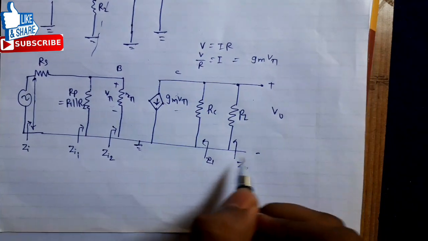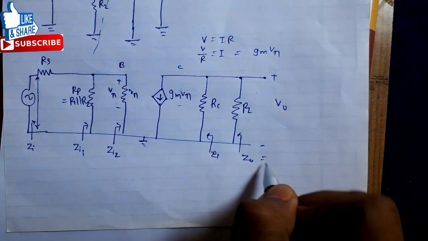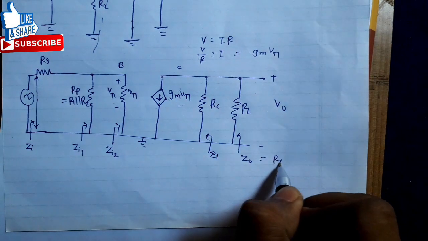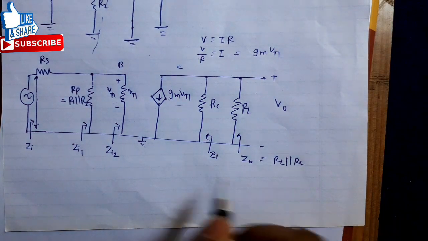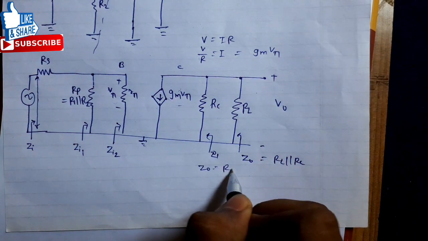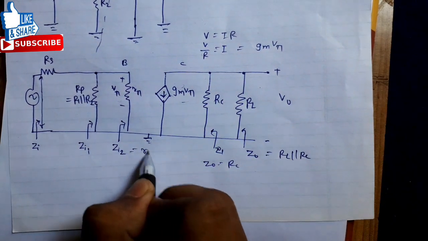So here ZO will be RL in parallel with RC. Again ZO1 will be RC only, and Zi2 is R pi.